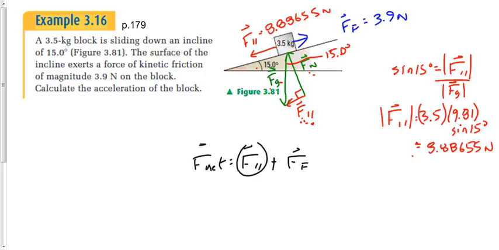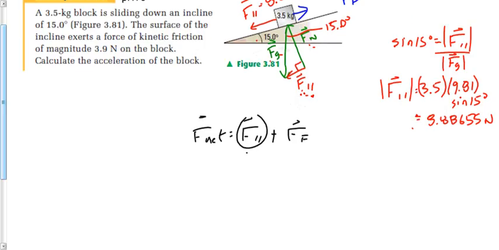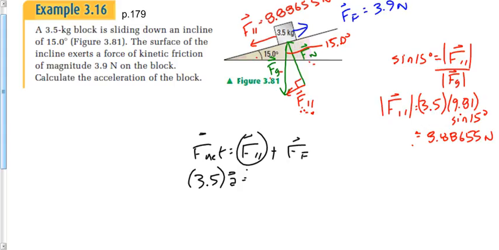I have to include all of the forces acting on this object that don't cancel out. And all the other problems we've done, Fn and Fg have canceled. Now they don't cancel. So I have to include them. But I'm including them together with F parallel. So I'm going to say F net, 3.5 times the acceleration, is equal to negative 8.88655 because it's pulling it down the hill, plus the normal force of 3.9 newtons.